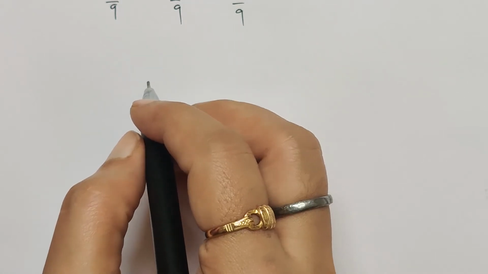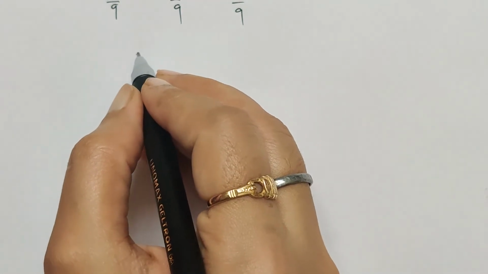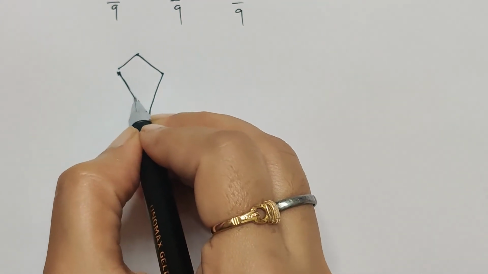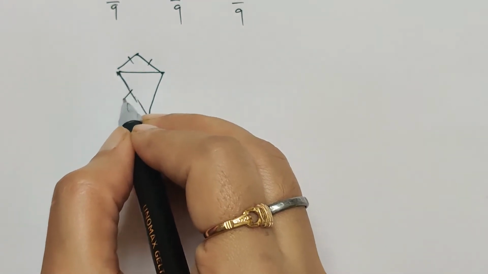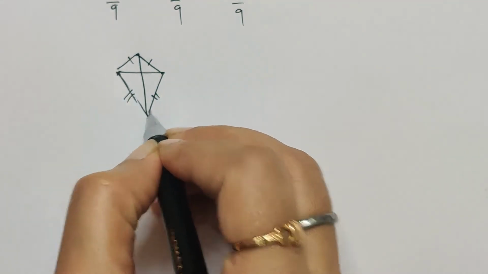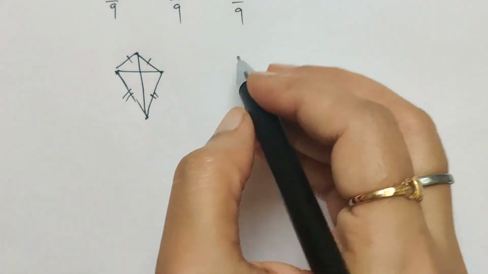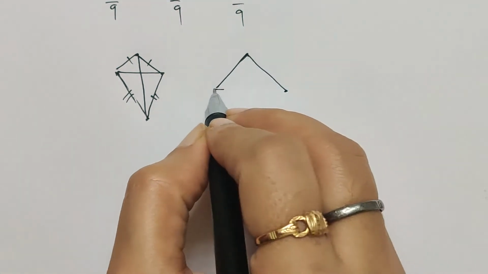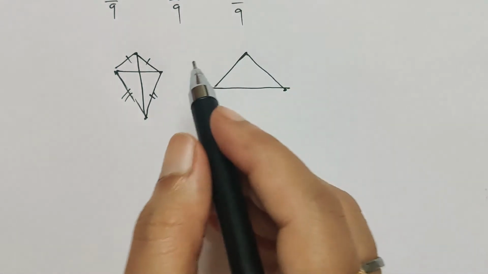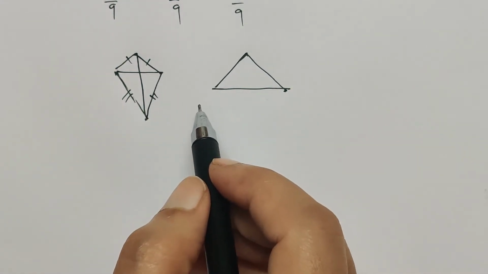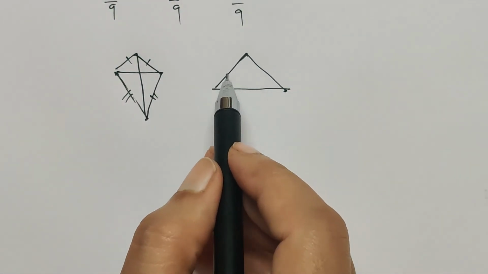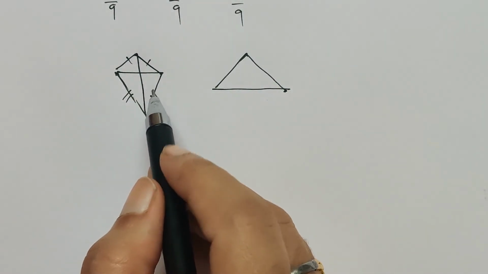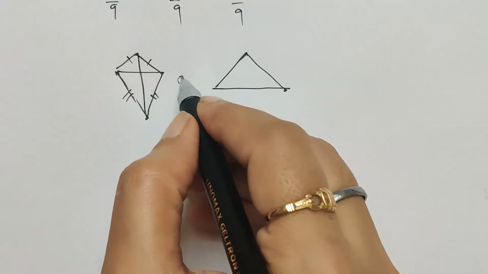For example, if I choose a kite, we know in a kite the adjacent sides are same, isn't it? And if I take a rhombus, or let us take a triangle, and someone asks, are they similar? No, not at all, because the first major thing missing is that it has only 3 sides, but here it has 4 sides. So they are not similar.